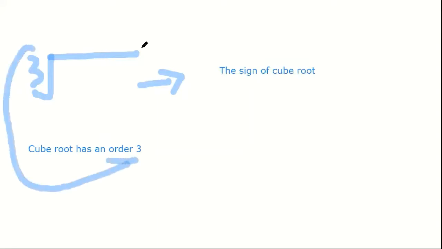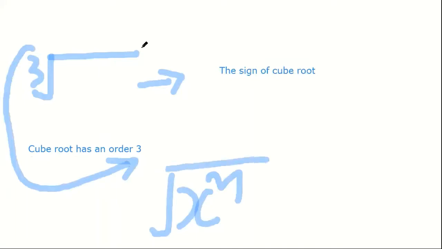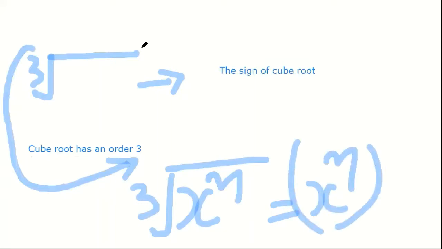If I write x^n under the cube root 3, you know, it means (x^n) whole raised to power 1 by 3. That means x is equal to n by 3.